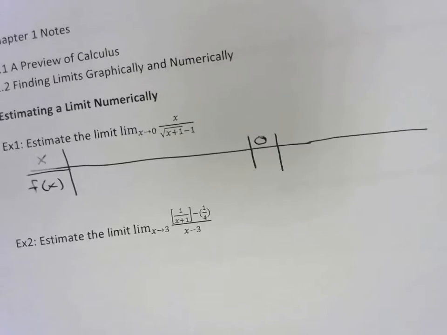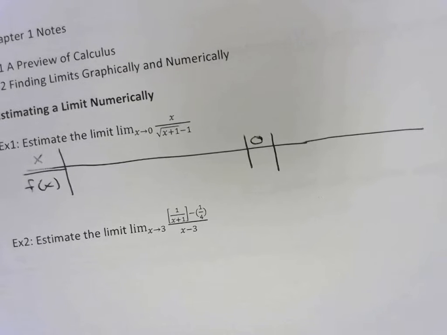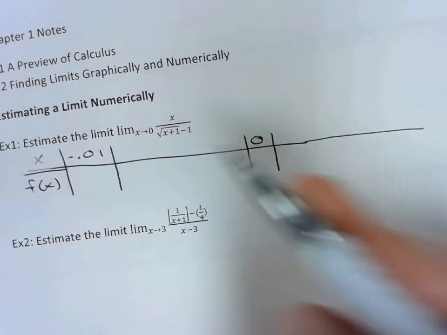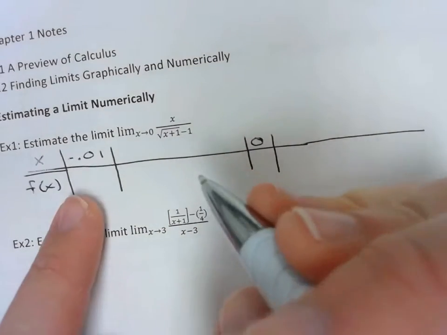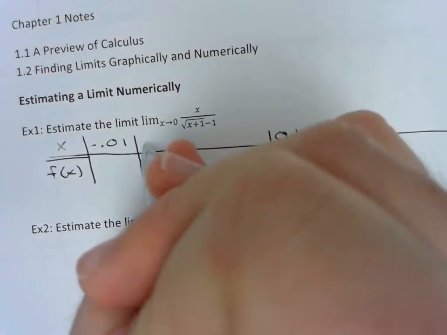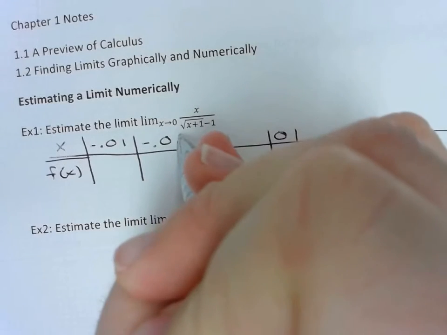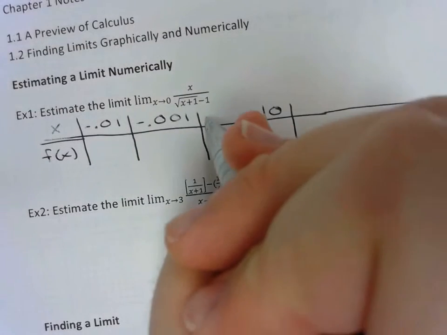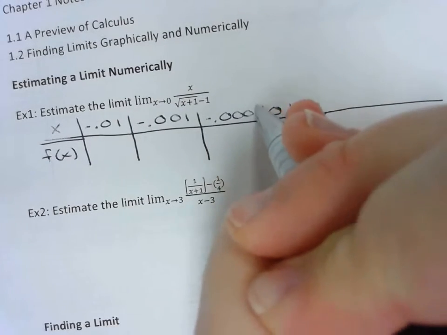So I'm going to start with 0 in the middle, and I think to myself, okay, I'm going to approach 0. If I start with -0.01, as I get closer to 0 the numbers are going to get smaller and smaller: -0.001 and -0.0001.